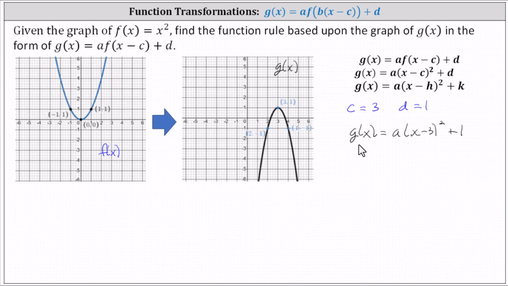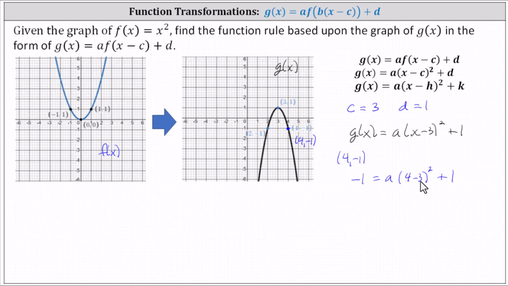For example, if we select this point here, which is the point 4, comma negative 1, which might be hard to see, we would substitute negative 1 for g of x and 4 for x. This gives us negative 1 equals a times the square of 4 minus 3 plus 1.